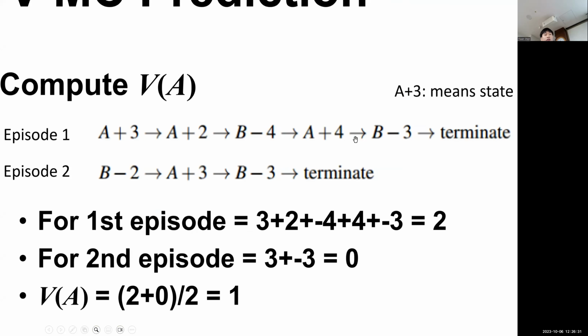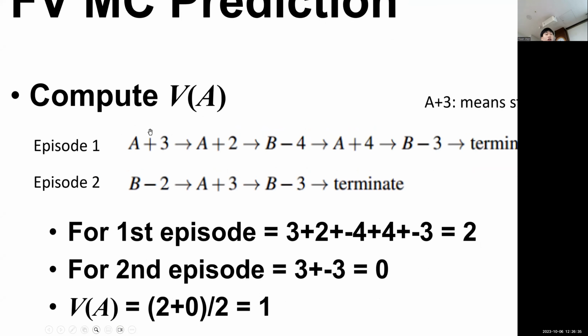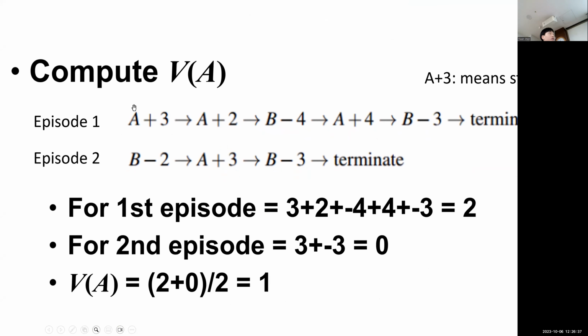But since we are considering first visit, we only count the first visit of A, which is here. So we trace back all the values to the first visit, and we calculate -3 plus 4, -4 plus 2, and 3.